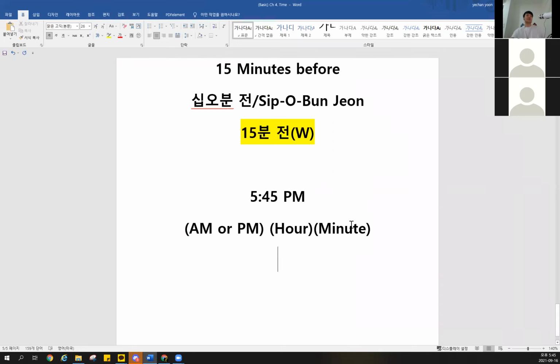You can write in the chat. I'm gonna give you 10 seconds. 오후 5시 45분.